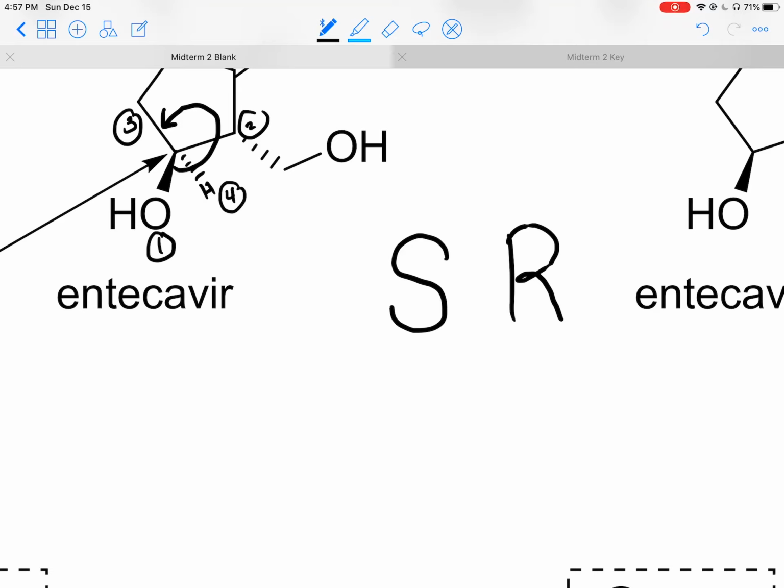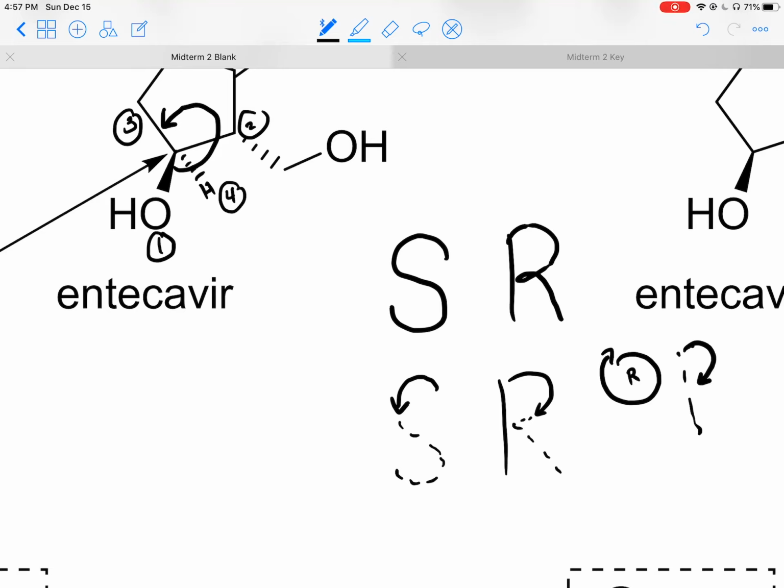When you start an S, you go around that way, and then form the rest of the S, and when you do an R, you go around this way, and then do the rest of the R. So if your arrow is going around this way, it's R, because that's what forms the R. And if you're going this way, it's going to be an S, because you can do a squiggly S.